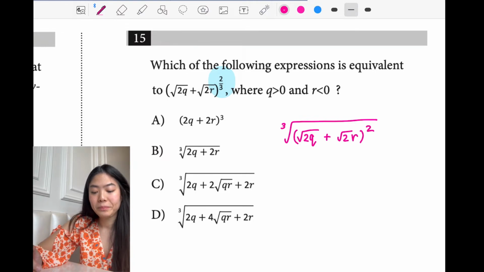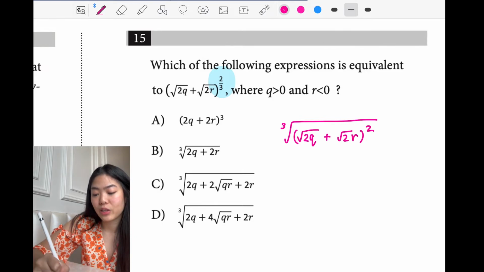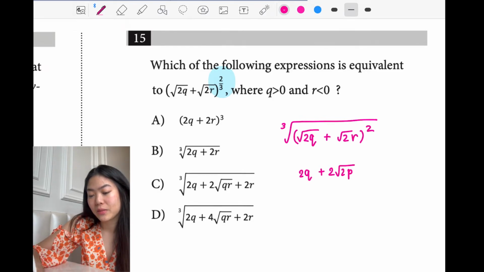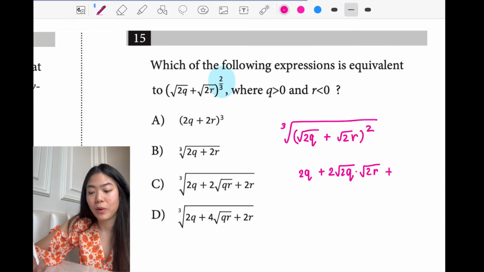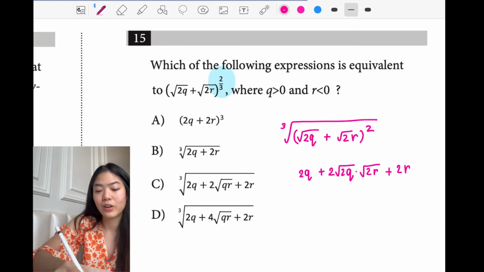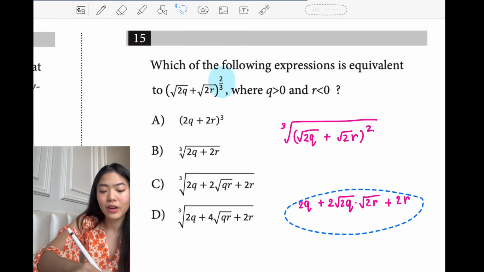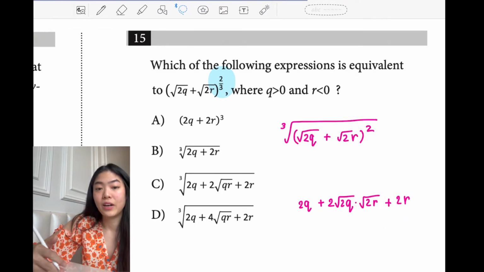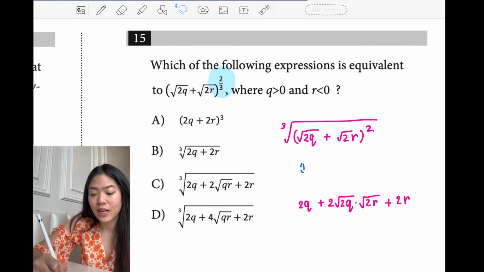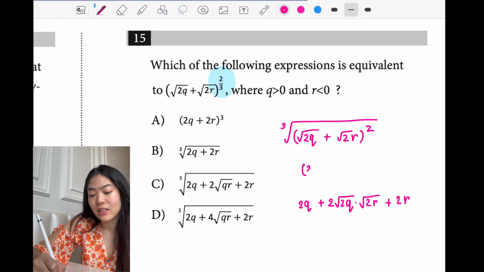The way we square it is the front term squared, add the double of the front part times the back part, and then add the last part squared, which is 2r. If you can do it fast, it's going to be like this, but of course you can also expand it. Let me write how we expand it.